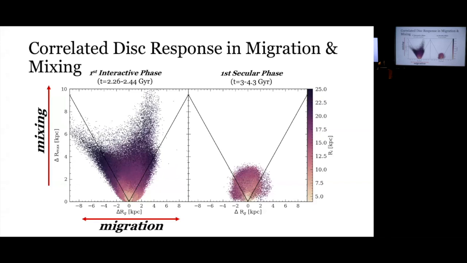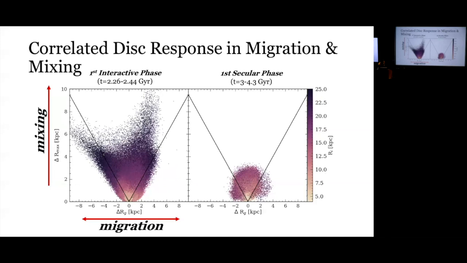Right. The word radial migration has been completely mangled in the literature. I agree with this, and I'm in part contributing to that. Initially, this idea of radial migration, going back to Sellwood and Binney, 2002, was described purely in terms of what happens at co-rotation with spiral arms, where you have a change in the angular momentum without an additive contribution to the random energy of those orbits.